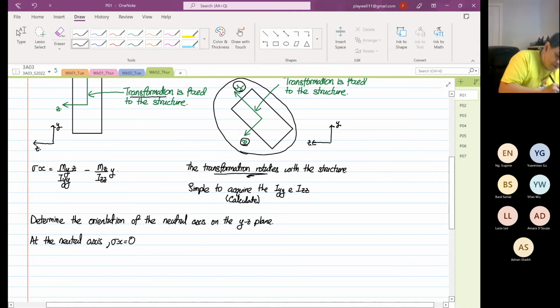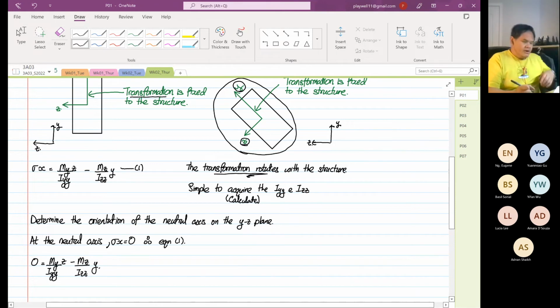I will call the equation down here equation 1. Therefore equation 1 will become 0 is equal to My over Iyy z minus Mz over Izz y.